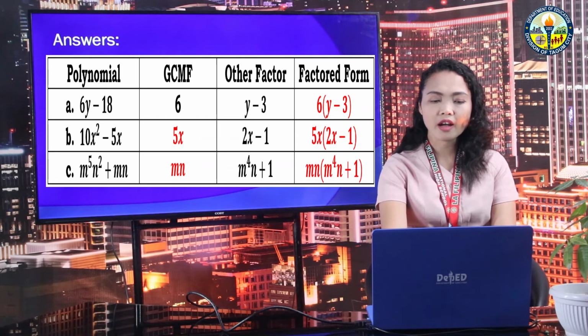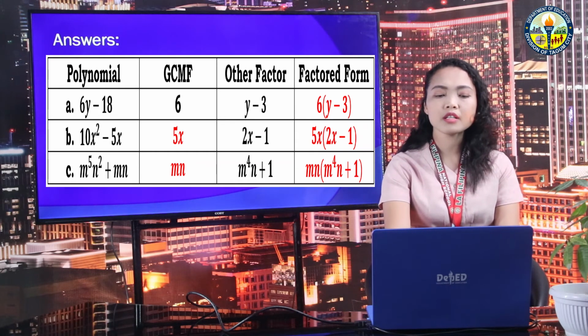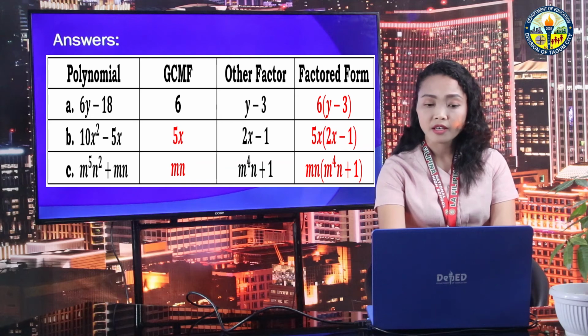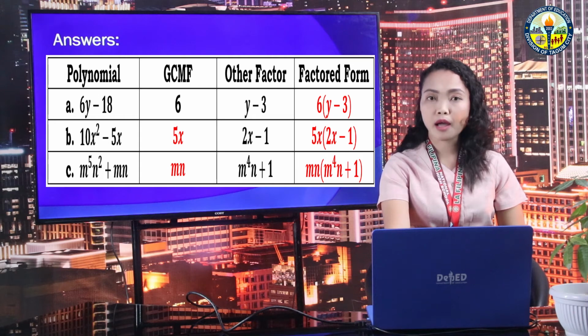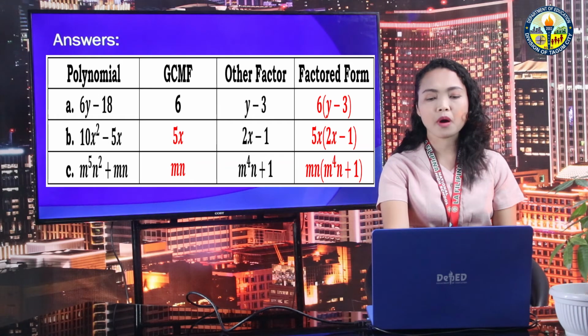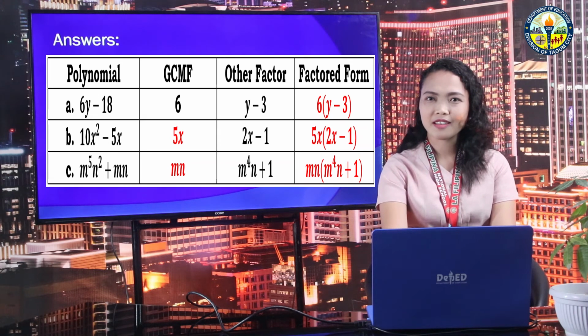Then divide the polynomial by mn. Therefore, we have the other factor, which is m to the fourth power n plus 1. And the factored form is mn times m to the fourth power n plus 1. Okay.